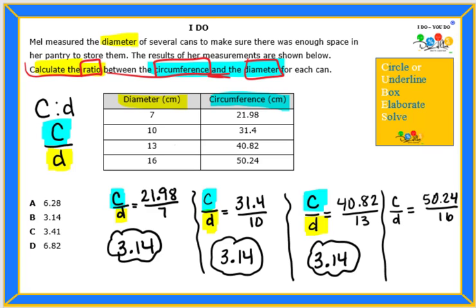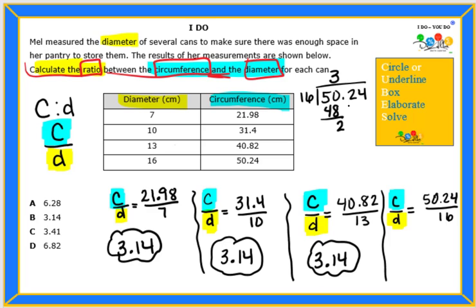So for our last circle, we have a circumference of 50.24 and a diameter of 16. So we are going to divide 50.24 divided by 16. Now I know you're thinking, we already know it should be 3.14. Let's prove it. 16 goes into 50, if we are correct, 3 times, and that would give us 48.